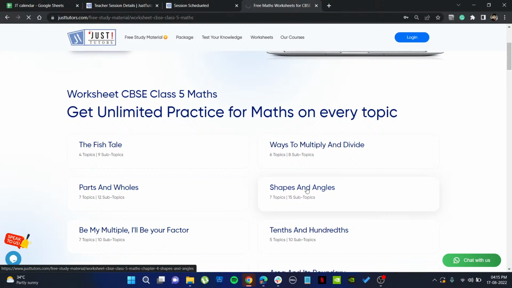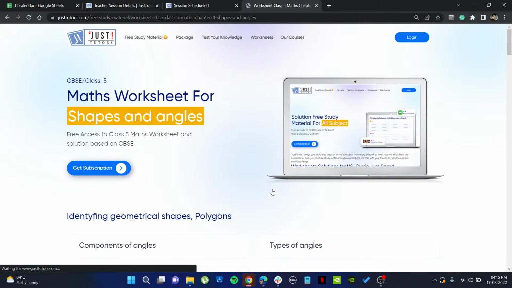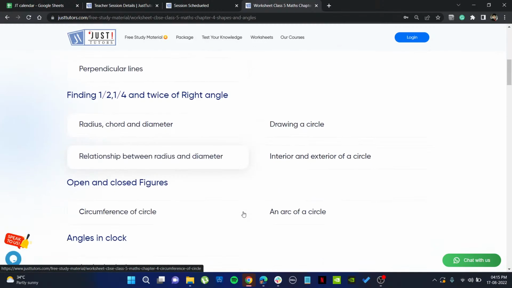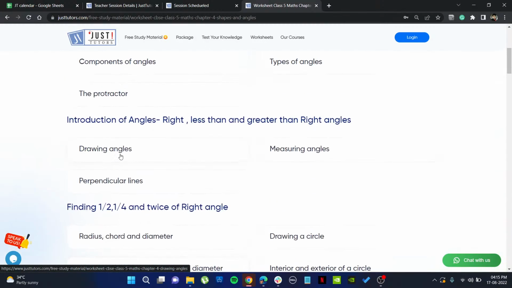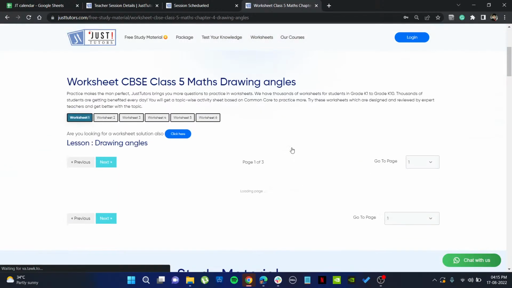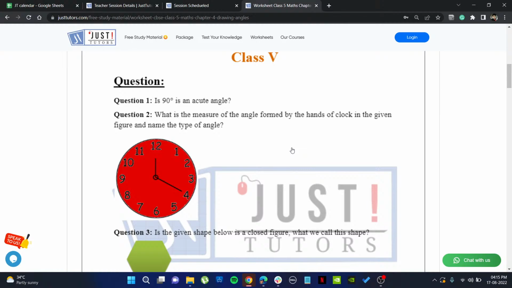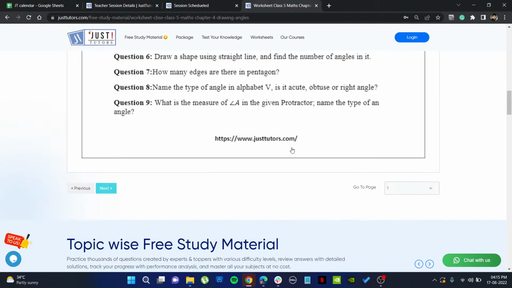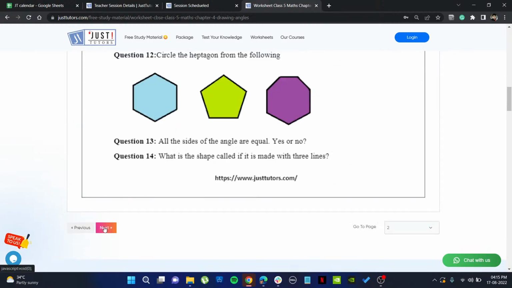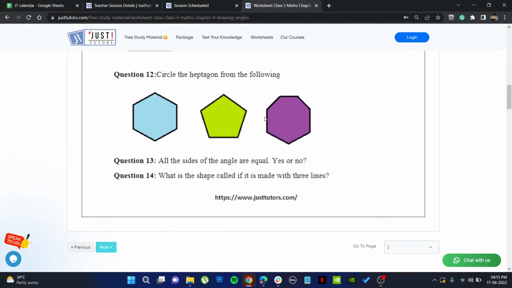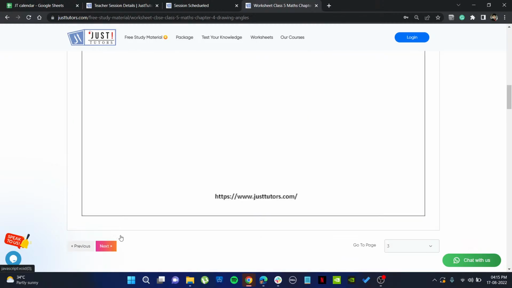Let's select shapes and angles, and here we can find lots of subtopics. Let's click on drawing angles. Here we can find a worksheet for the given topic. If we click on next, you will get more questions related to this topic.